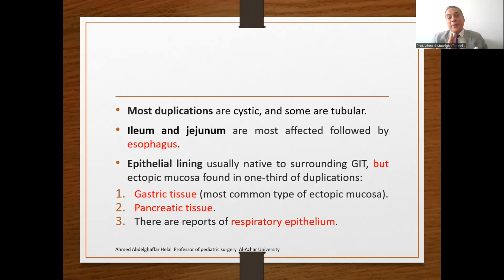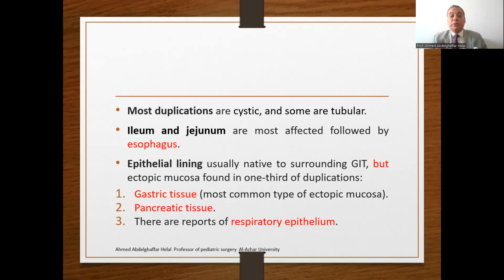However, ectopic mucosa is found in about one-third of duplications. It's very important that this ectopic mucosa may contain acid-producing mucosa that secretes HCl, and may lead to hemorrhage or gastrointestinal bleeding.